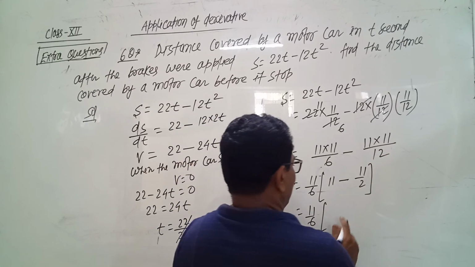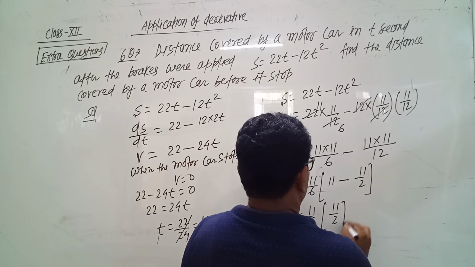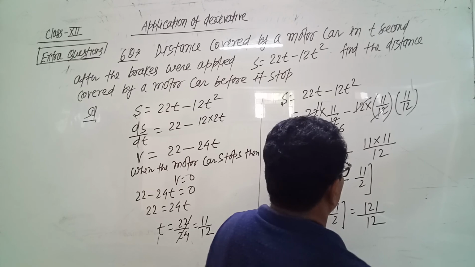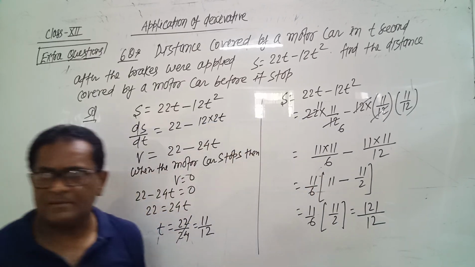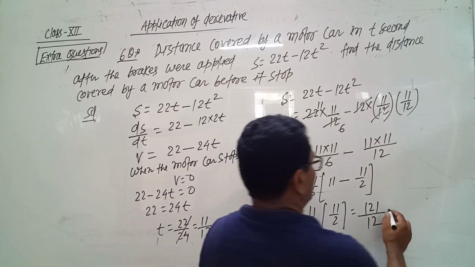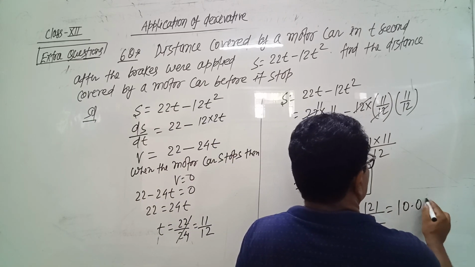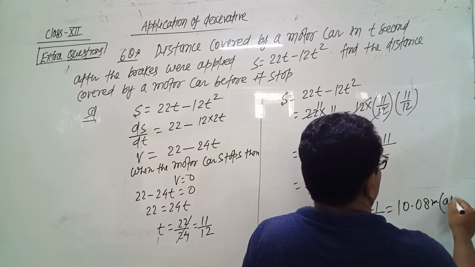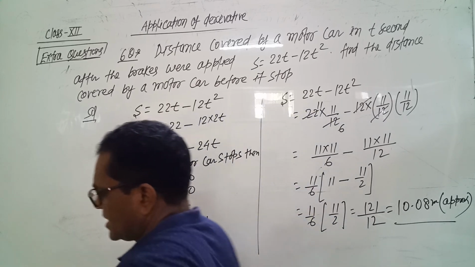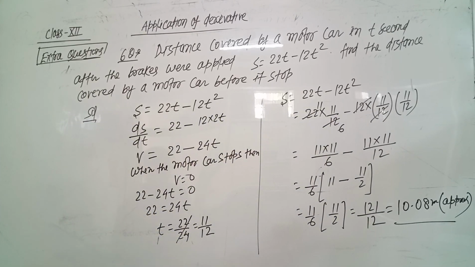So 22 minus 11, 11 by 2, and 121 divided by 12, and the result will be around 10.0 meter approximately. So this is the distance covered by the motor car after applying the brakes.